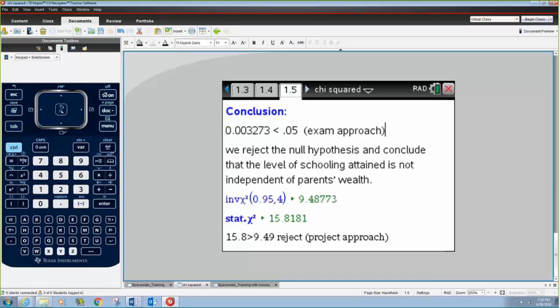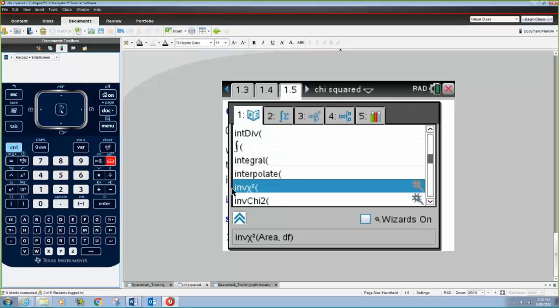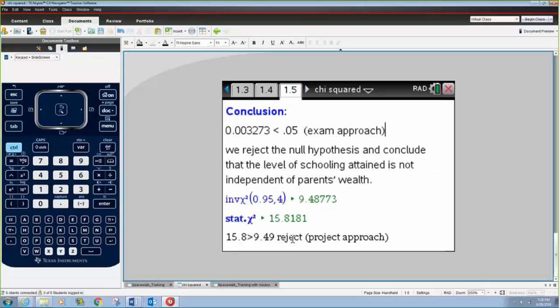So how can we get the critical value? We go to menu, and we have inverse chi-squared, which takes the area and the degrees of freedom. It's not required for the exam, but it is very handy for the students to know how to do it for their project.